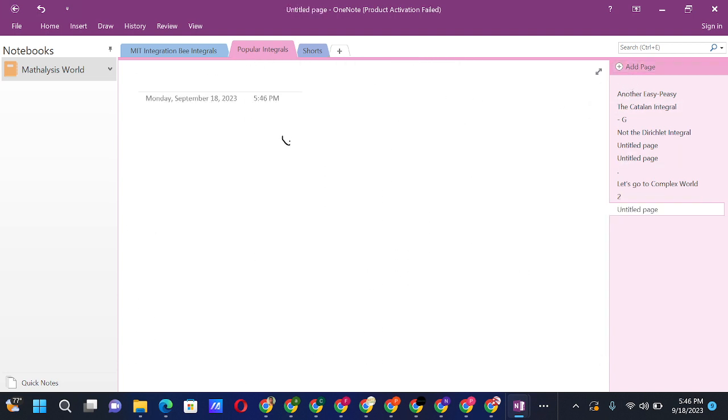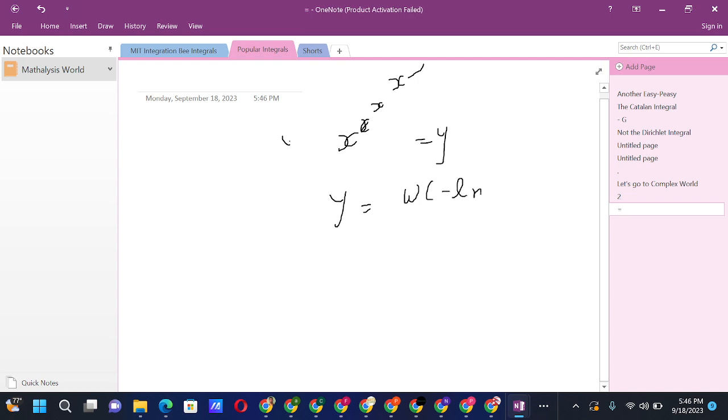We got that for x to the power x to the power x to the power x being y, y is also equal to lambda of negative ln x by negative ln x. The series of lambda of x converges only when the modulus of x is less than 1. So over here, the modulus of negative ln x should be less than 1.